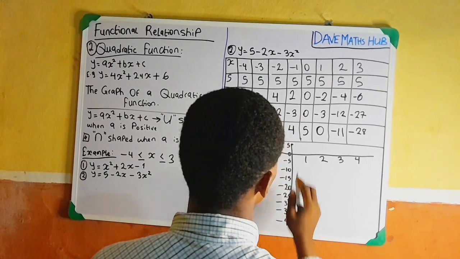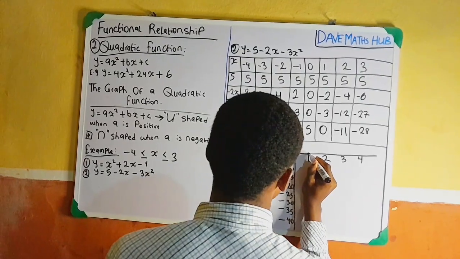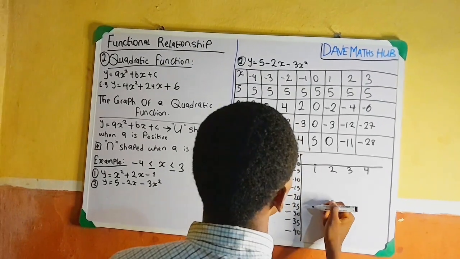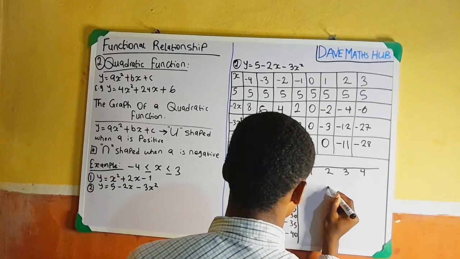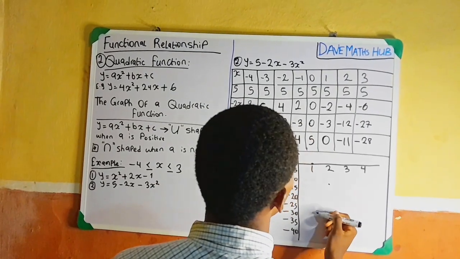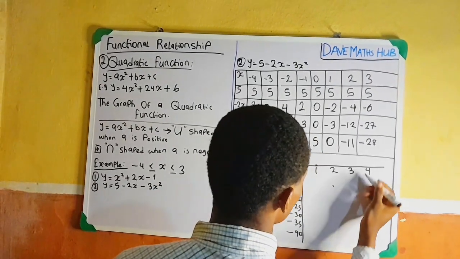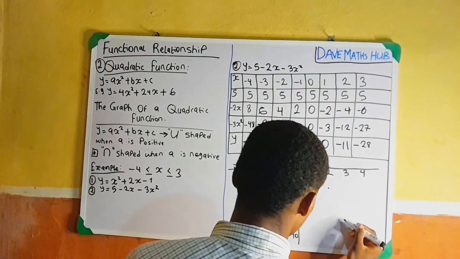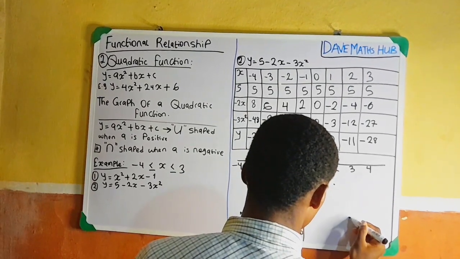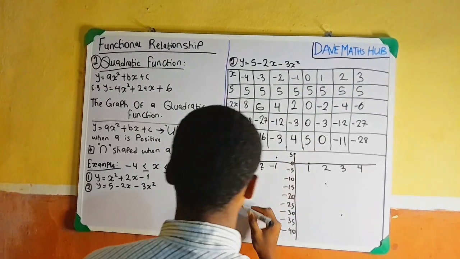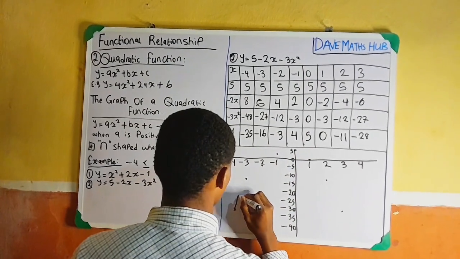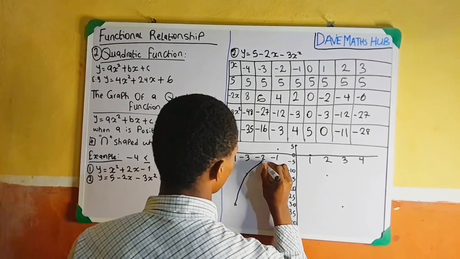1 to 0 here. 2 to minus 11 comes down here. And 3 to minus 28 comes down here. So as usual, mark the dots.